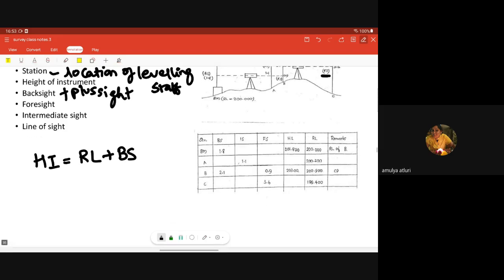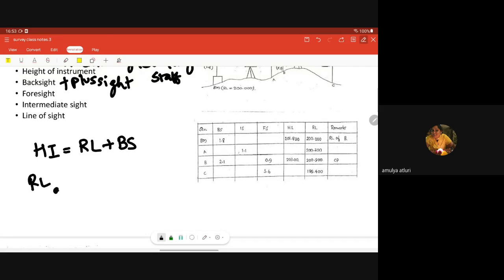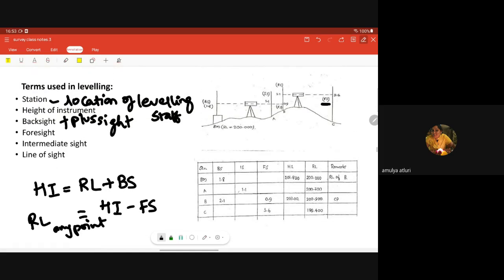So RL of any point can be calculated by subtracting the foresight from the height of instrument, HI minus FS.